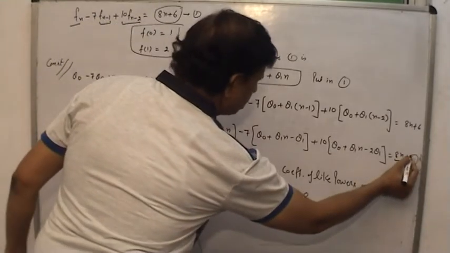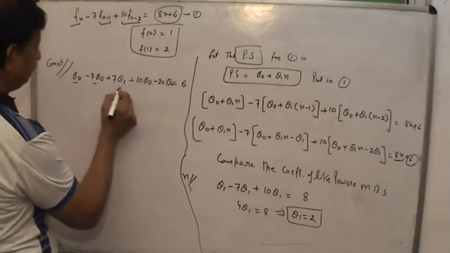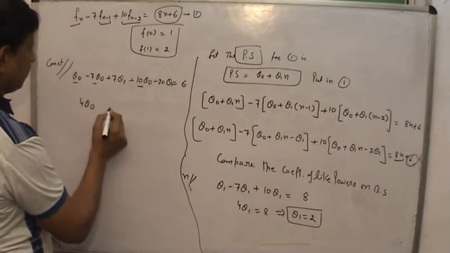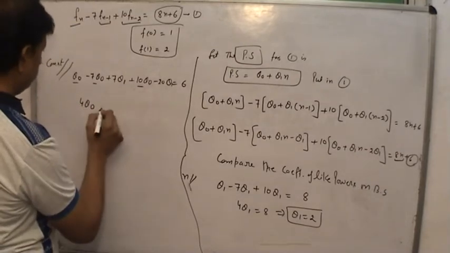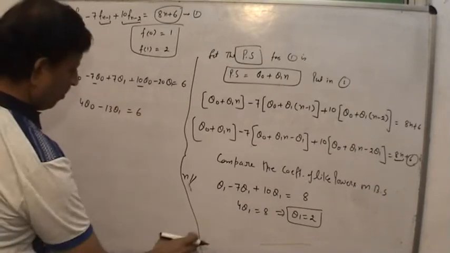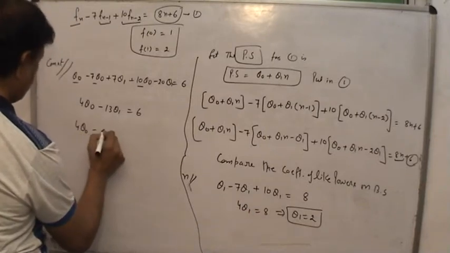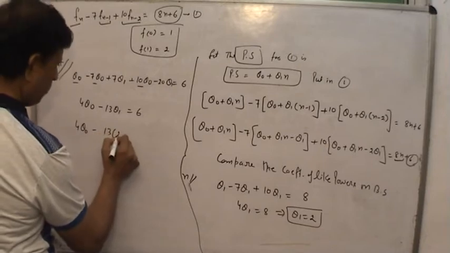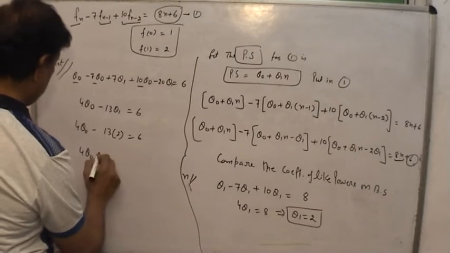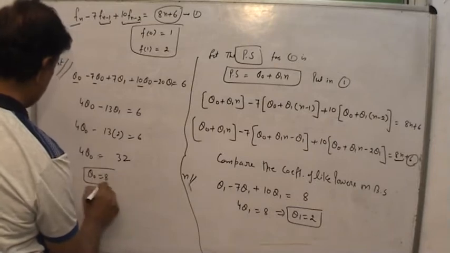Here on the right hand side, constant term is 6. Calculating, 10 minus 7 plus 1 is 4, that is 4 Q0 minus 13 Q1 is equal to 6. Q1 is equal to 2. 4 Q0 minus 13 into 2 is equal to 6. 4 Q0 is equal to 32. Then Q0 is equal to 8.